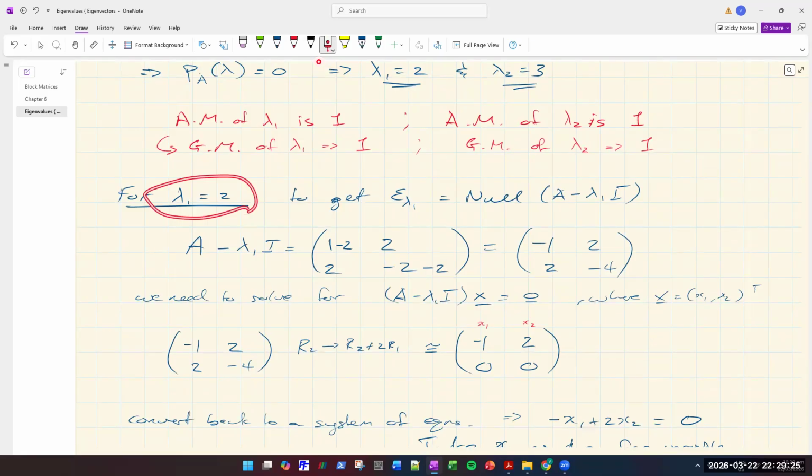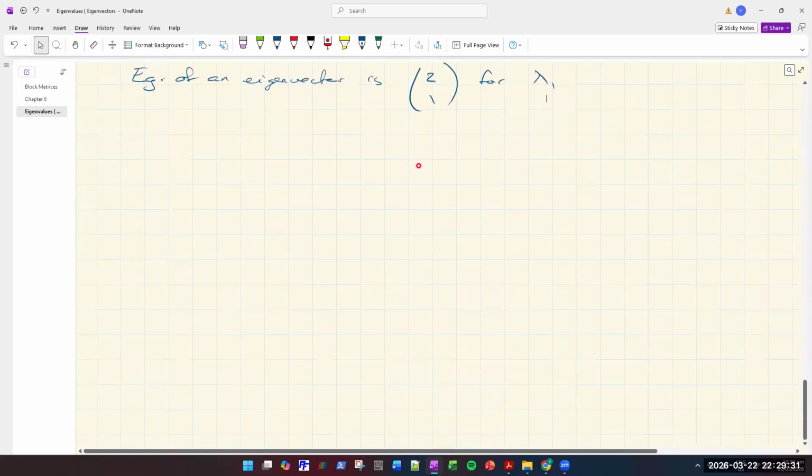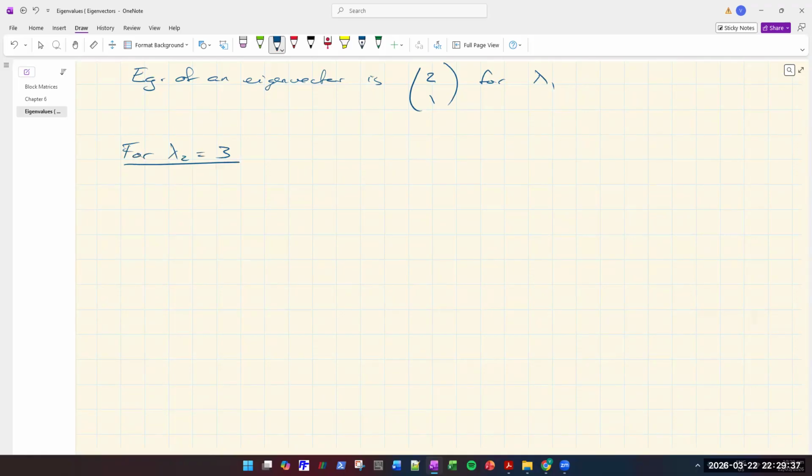But we need to redo that proof for the second eigenvalue, 3. Okay, so for lambda 2 equal 3.